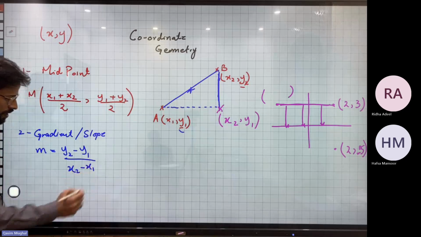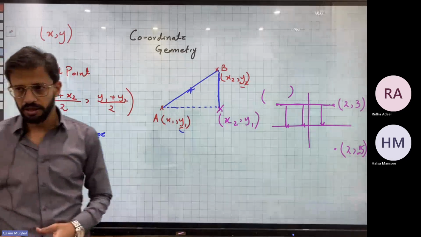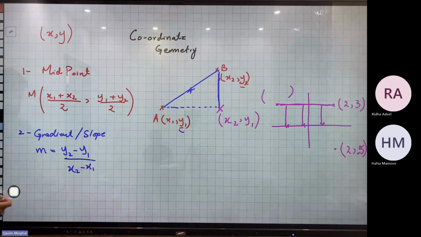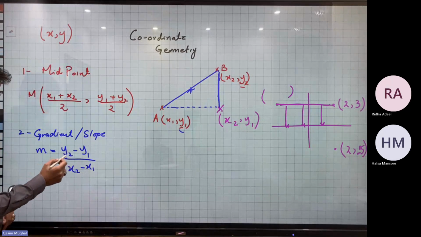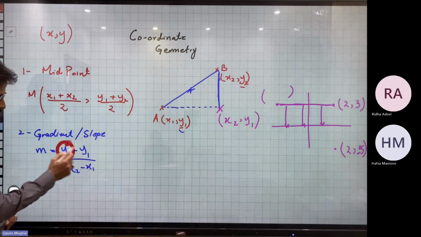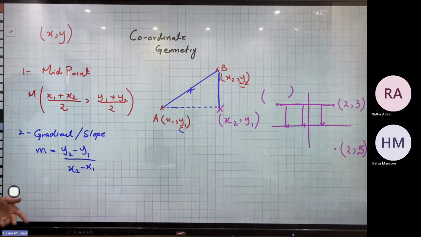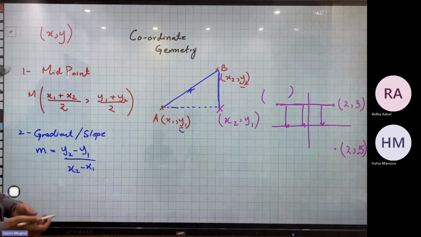This is the formula. अब इसके अंदर एक मिस्टेक करते हैं अक्सर स्टूडेंट्स. अब इसमें आपने एक चीज का ध्यान रखना है. वो ध्यान किस चीज का रखना है? अगर इधर आप y2 minus y1 कर रहे हैं ऊपर, तो you make sure नीचे आप x1 minus x2 ना करें. That will be wrong. वो आपको गलत आंसर देगा.